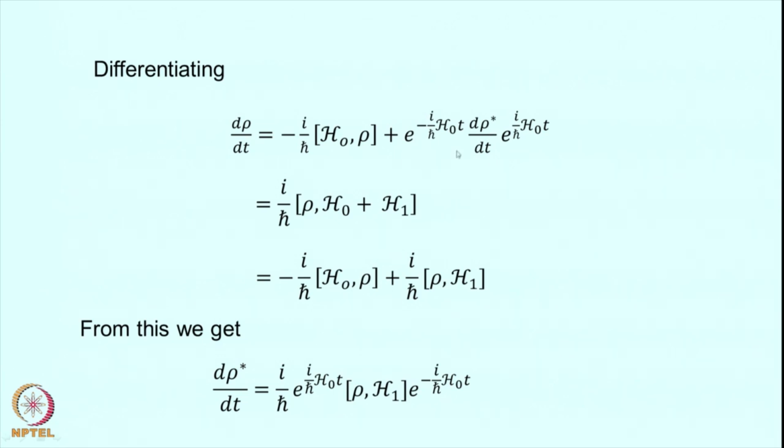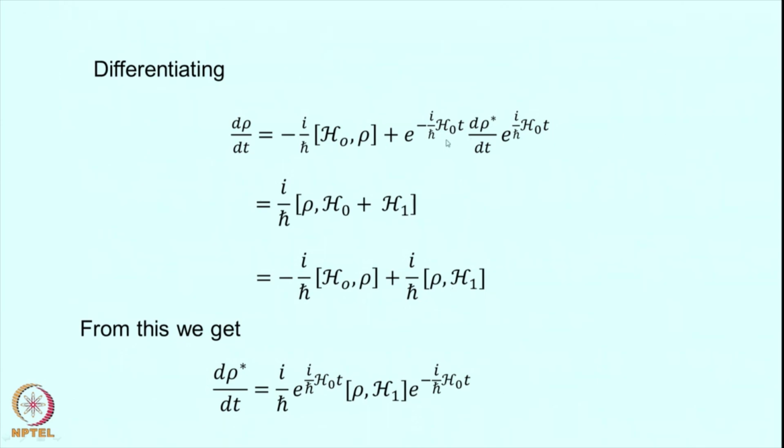So, therefore, this must be equal to this i/ħ, the two commutators of ρ with H0 and H1. So, put it separately out, the two commutators are put out separately here. Therefore, the right-hand sides of the two have to be the same. This must be equal to this. Since this and this are the same, therefore, this will become equal to this.